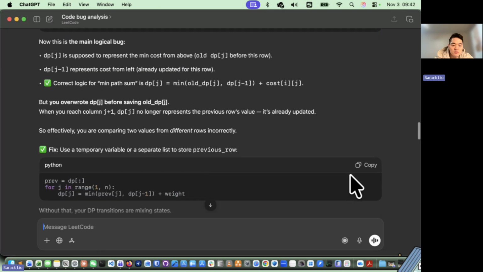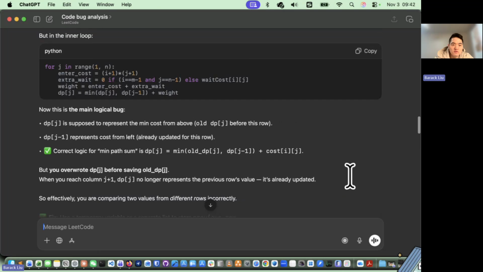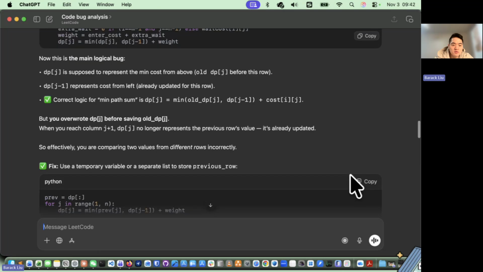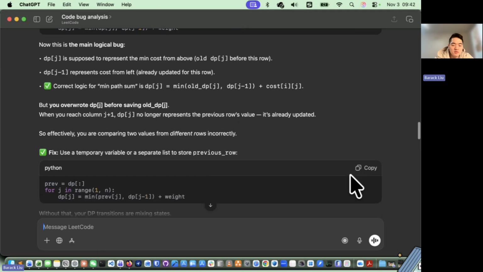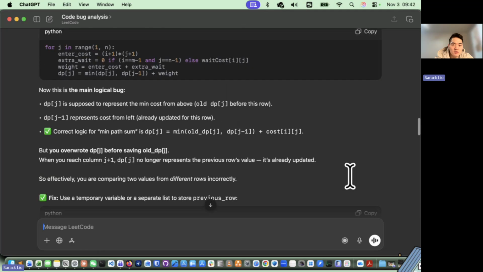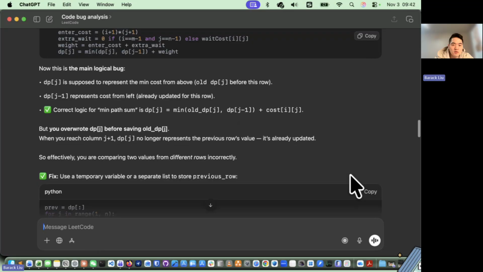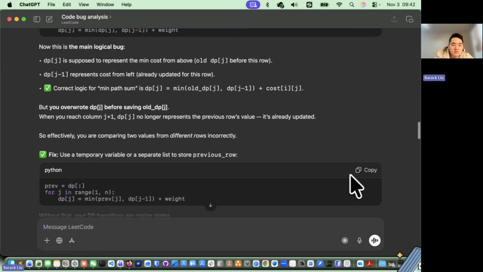So what do we need to do? We need to find the previous dynamic. Okay. Does it work?